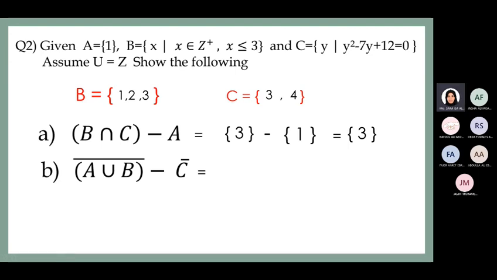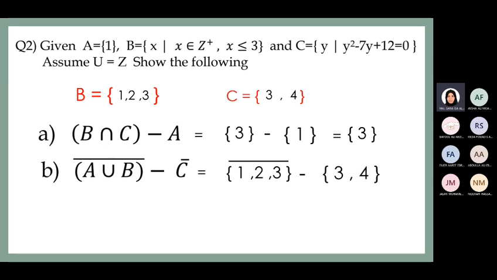Next: A union B complement minus C complement. A union B: I go to A and B. What is the union? All the numbers without duplicates. So I have 1, 2, and 3. This is the union. Then the complement minus C complement. C is already {3, 4}, so we need the complement of {3, 4}.